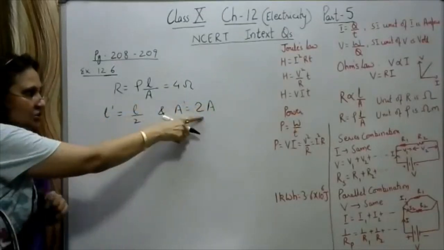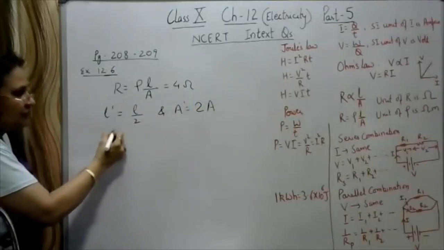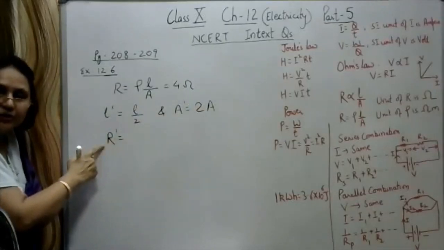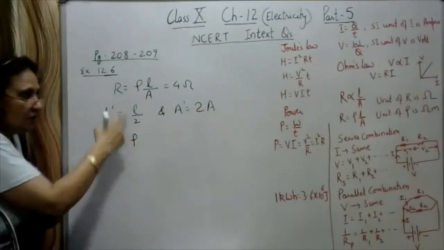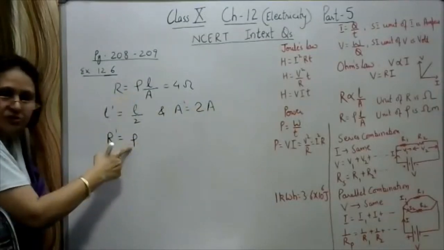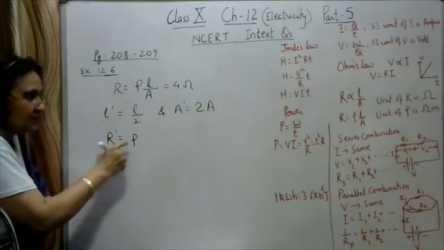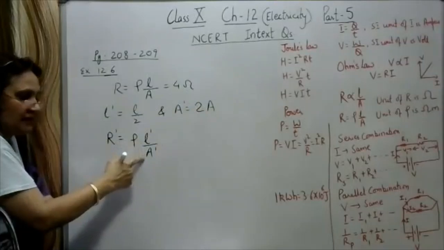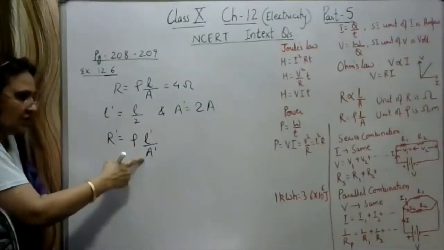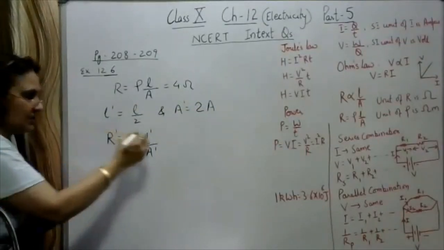That is A dash is twice of A. Now here you have to find out the resistance. Let the new resistance be R dash. R dash is equal to rho L dash upon A dash. Here also it will be rho because the material is the same. So when the length is L dash and the cross-sectional area is A dash, you have to find out this resistance.